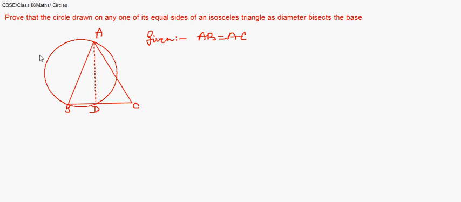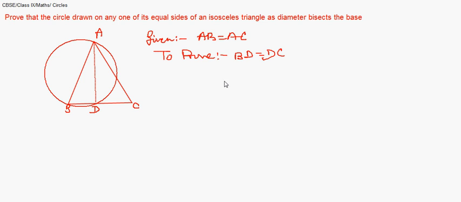We have drawn a circle which intersects the side BC at the point D. We have now joined AD. To prove: BD equals DC.